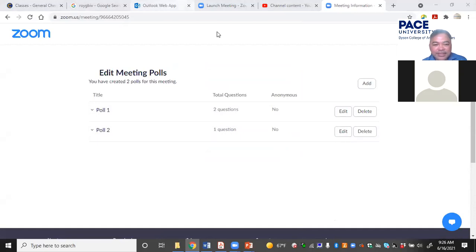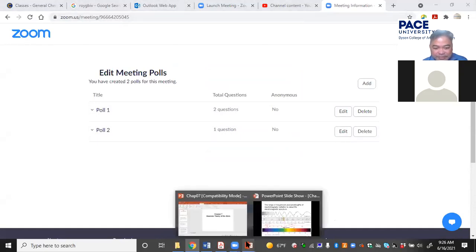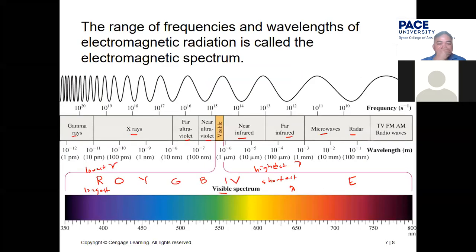Maybe we can ask it in terms of this one. Is it the blue flame or the yellow flame? They always say it, what? Cool blue.